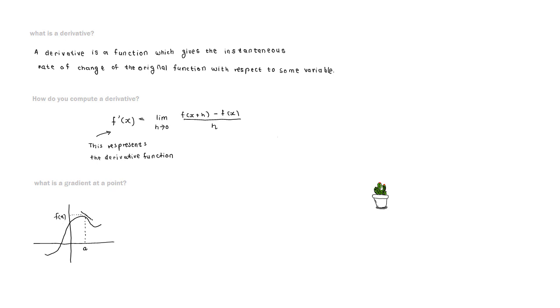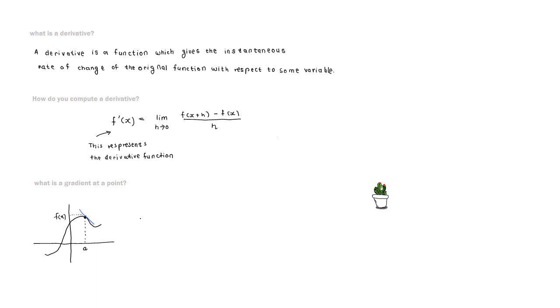The gradient at that point is the gradient of the tangent line at that point, and we already saw that the gradient of the tangent line is equal to the derivative at that point.